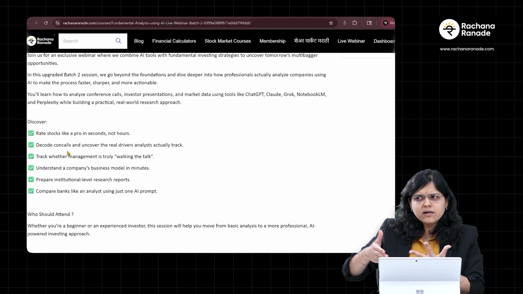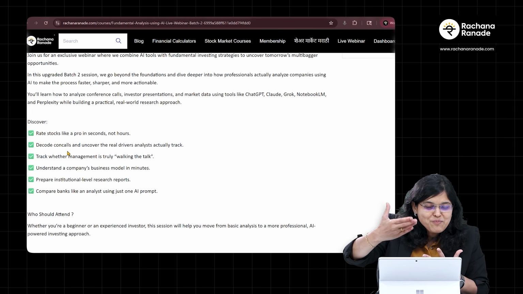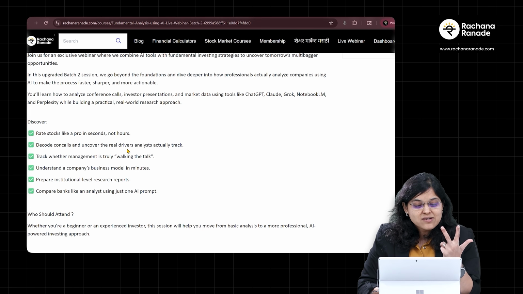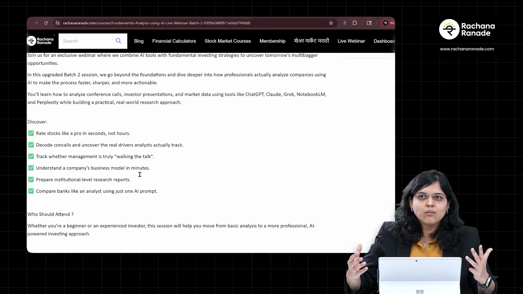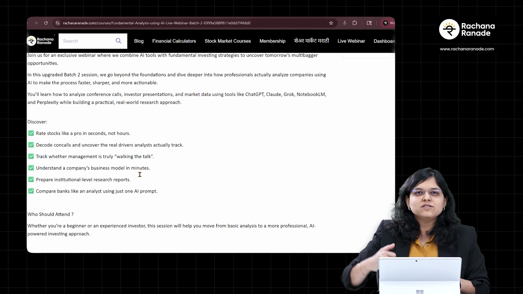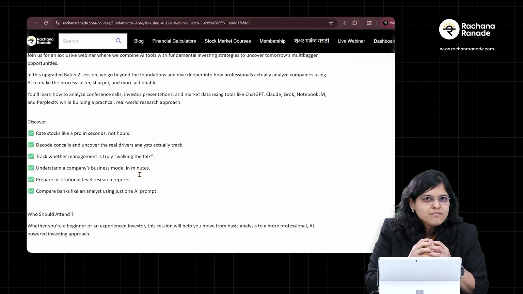We are also, like we decoded an investor presentation, right now decoding a con call is way more important. I'm going to tell you how you can decode a con call and understand drivers that a lot of analysts actually track. We are going to understand the business model of a company in minutes using prompts, because it does happen that sometimes you buy stocks because someone just told you to buy it. You really don't know the exact business model of the company.